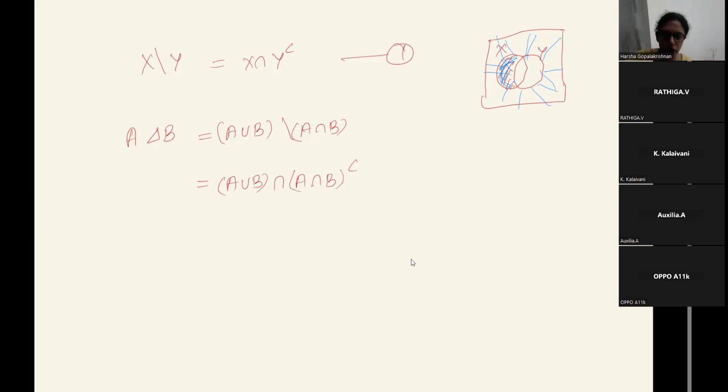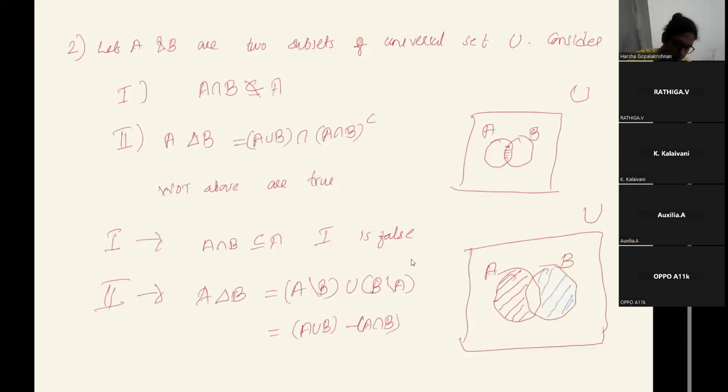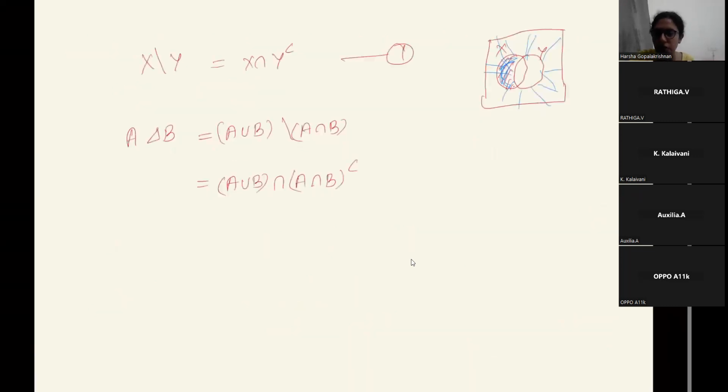Clear? So this is the statement we have been given. A symmetric difference B equals A union B intersection A intersection B complement. So this statement is a true statement. Okay. Is this proof clear? Any doubt here? Is this clear for everyone? If you have any doubt, you can ask.